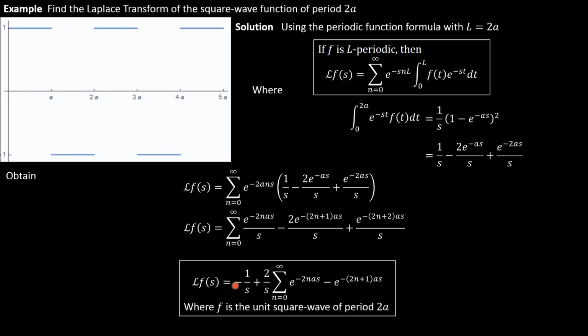So if you don't understand how to get from here to here, I would say don't worry about it too much. I'm perfectly happy with you just taking this formula for granted. But it is an interesting exercise to try and expand this sum and rewrite it as this simpler sum here.